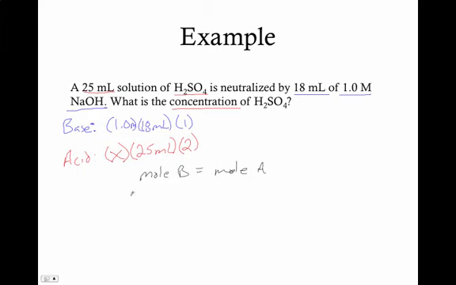So we're going to take our 1 molar times our 18 milliliters times 1 is equal to X times 25 milliliters times 2.